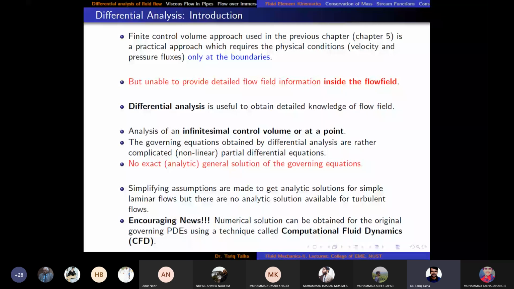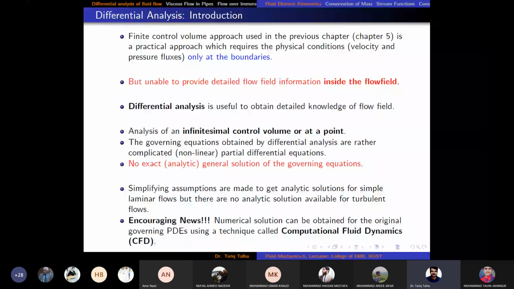Maybe if you pursue your master's, or maybe it can also be offered to you in your final year as an elective course, computational fluid dynamics, in which you would study numerical solution techniques for actual fluid flow analysis. In this course, we are limited to some analytic solutions, which are simplified solutions, right?